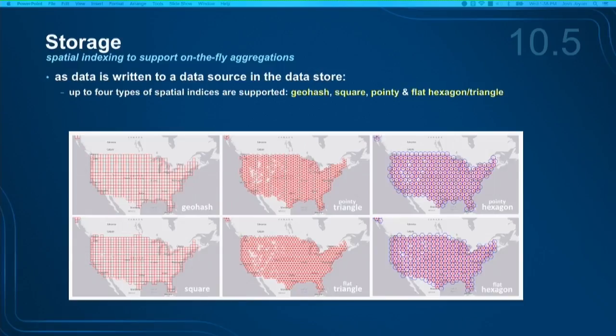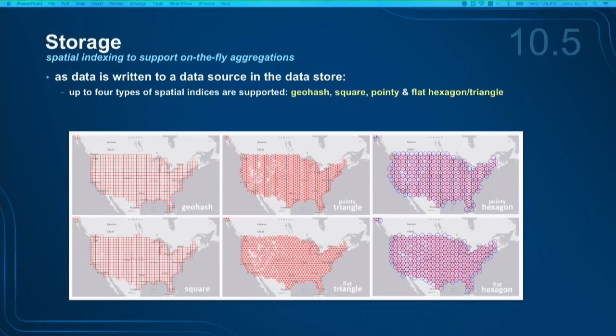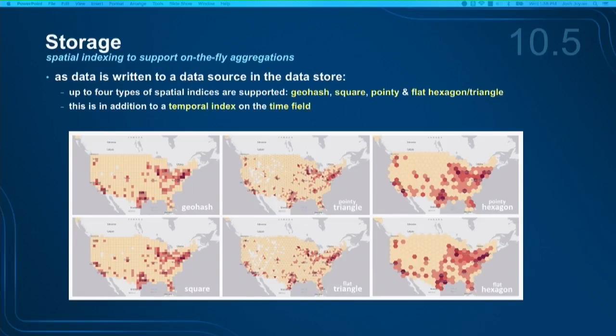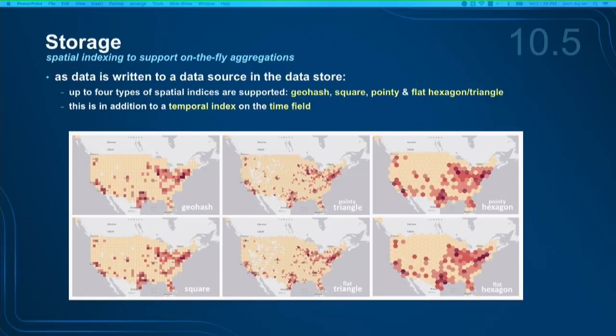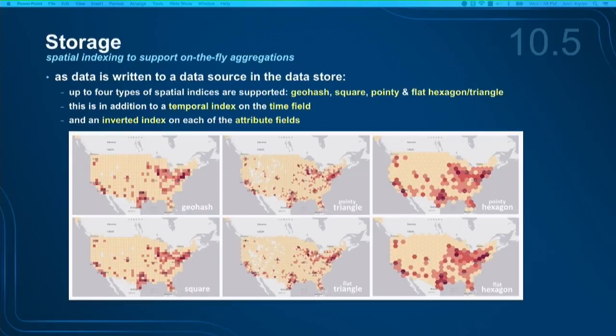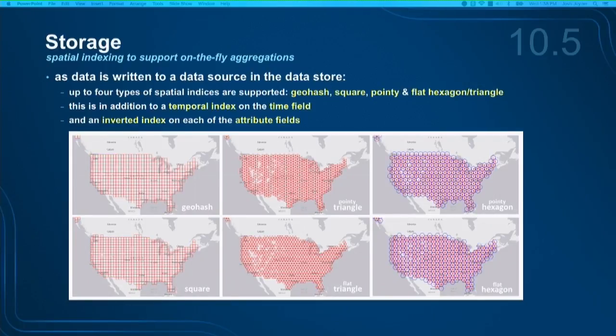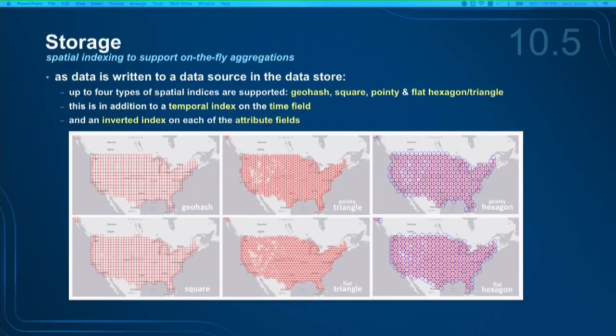Now the nice thing about using this kind of a platform is not just that it gives additional visualization capabilities, but also, when it's storing the data, it's providing a temporal index on the field, as well as an inverted index on all the attribute fields. And what that means from a functional standpoint is, as the data is being written into the system, it's indexing it on a number of different parameters.